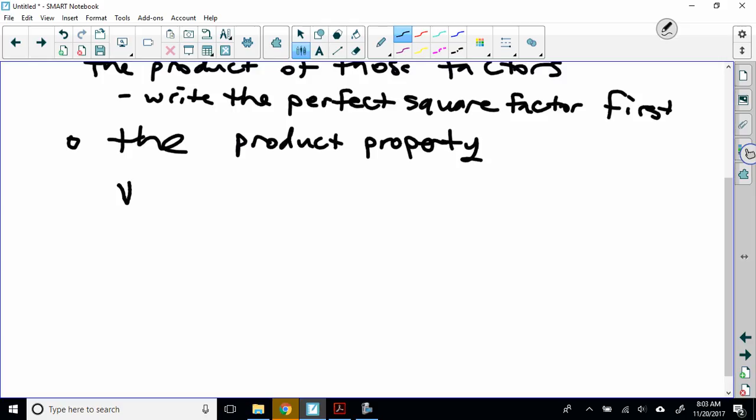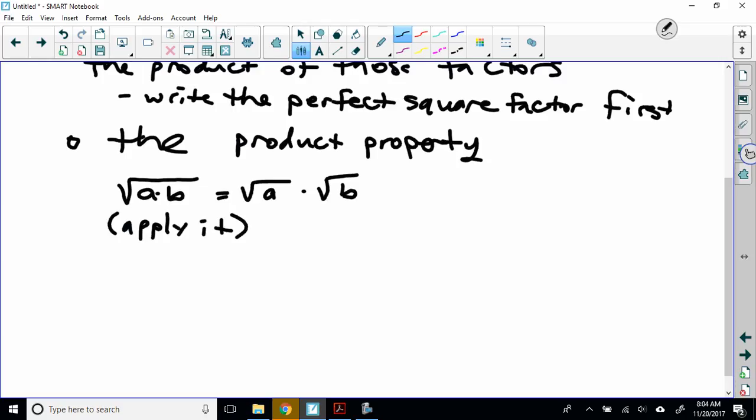But it says that the square root of AB is the square root of A times the square root of B. Now that's a good definition that can go in either direction, and you'll see later on that it's sometimes effective to use in the opposite direction. But we're going to apply the product property now. So this product property, this is what we're using.